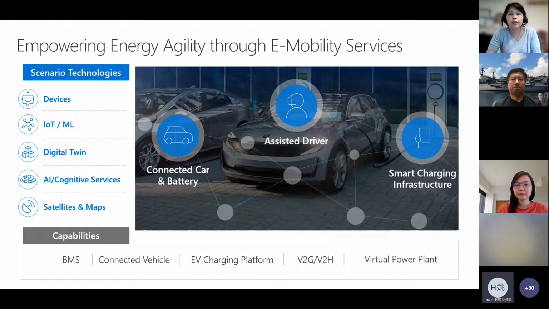I do want my car to really drive to the destination I want. So as a driver, I want to know where the closest charging station is, and whether I am able to reach my destination with the power I have in my electric vehicle. So how do we provide a better service to assist the driver? That's the second persona.